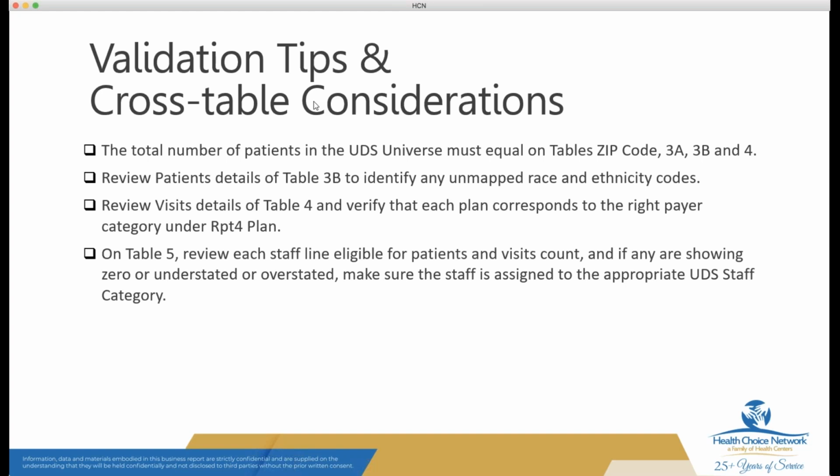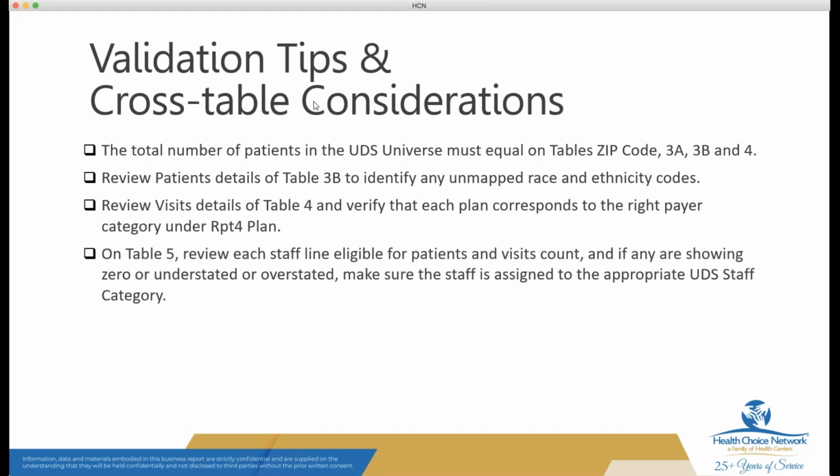So we were able to identify that particular patient record, and then we just had to refresh that information. So it's important to make sure that at least the UDS universe on these four tables is the same, because the information on those reports reflects an unduplicated patient count.